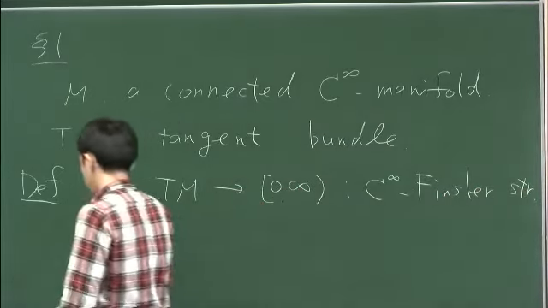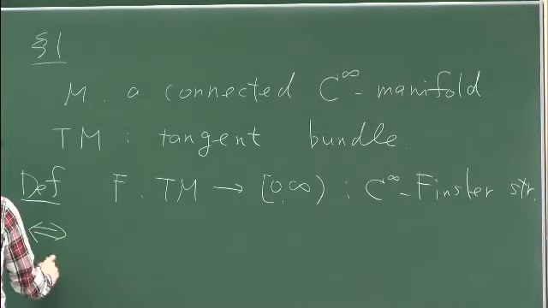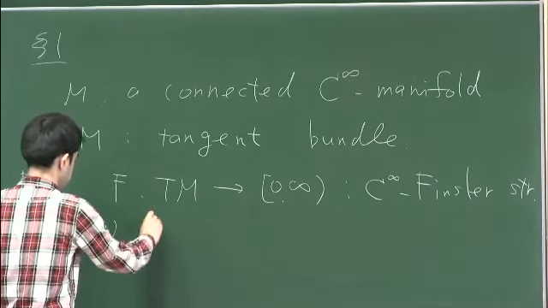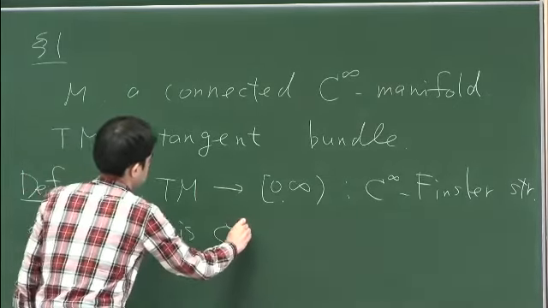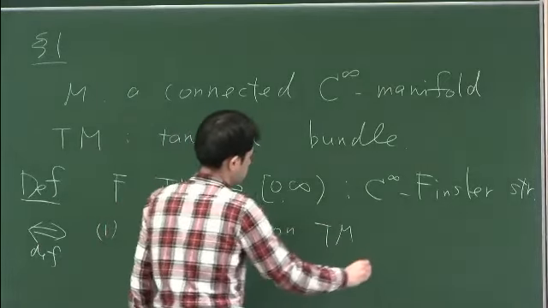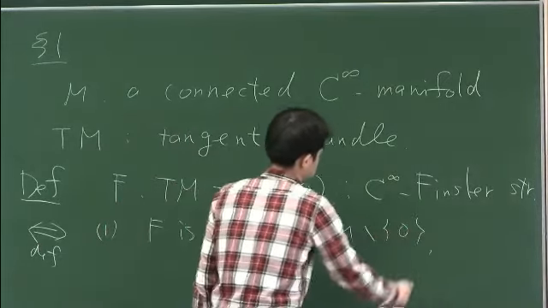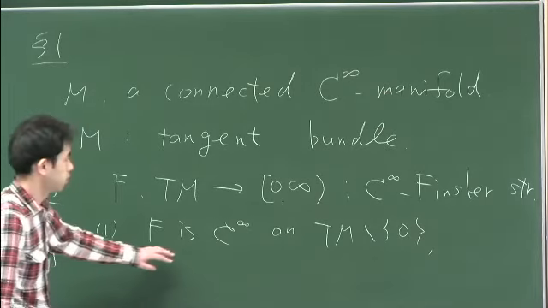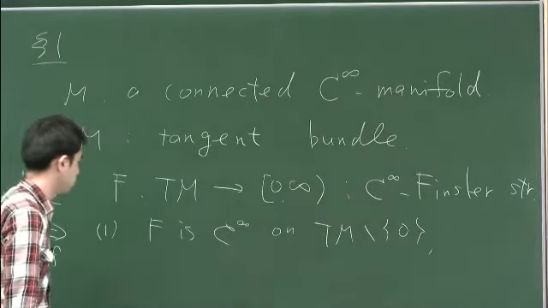For simplicity, we consider only the smooth case, say F is C-infinity, but of course we don't expect this on the zero section, because we consider norms and norms can be singular at the origin.